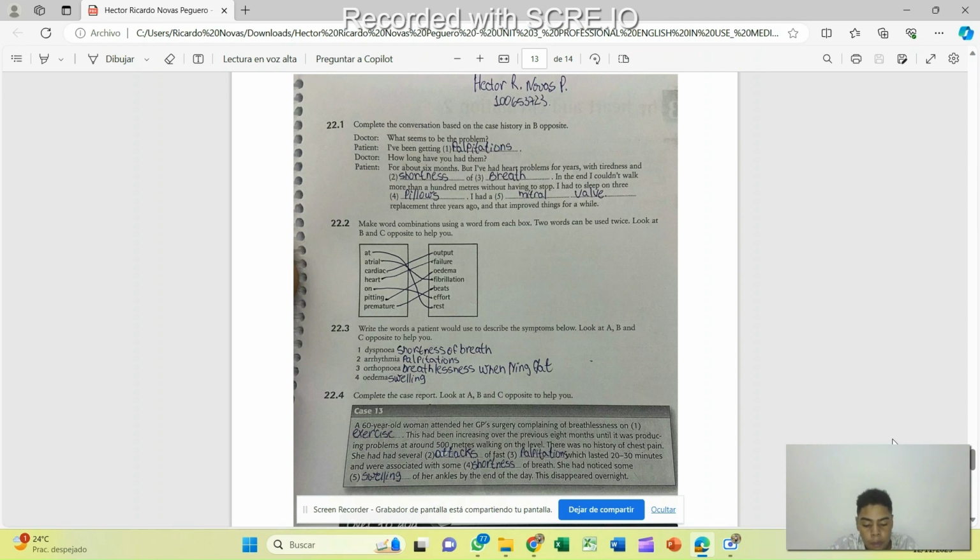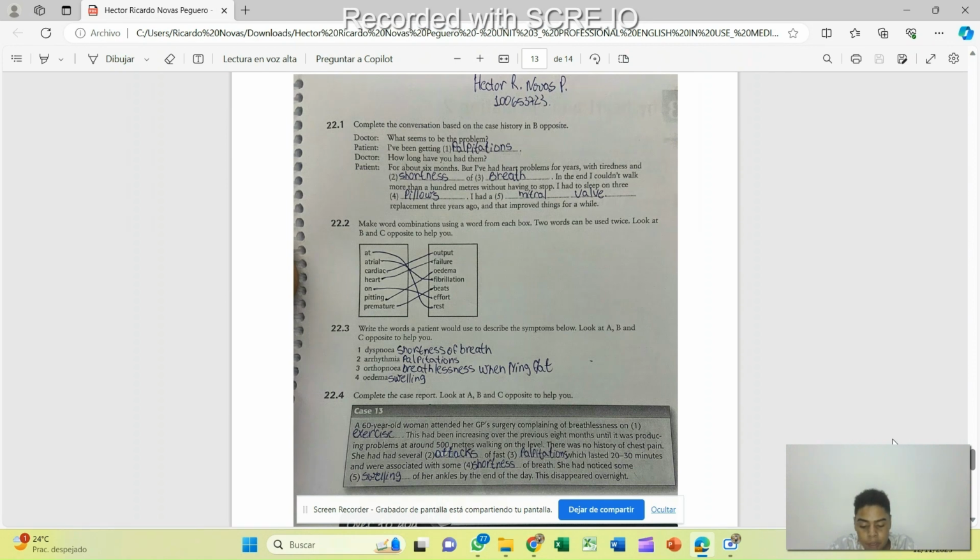22.4 Complete the case reports. Case 13: a 16-year-old woman attended her GP's surgery complaining of breathlessness on exercise.